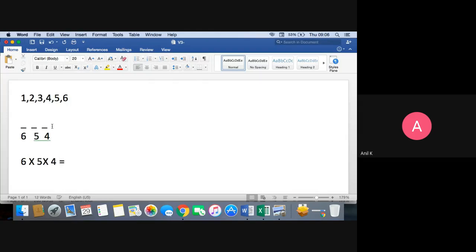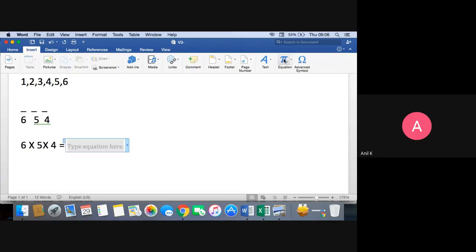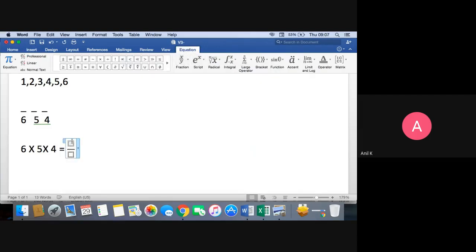This I can rewrite as, let me insert the equation. So we can rewrite this as 6 multiplied by 5 multiplied by 4 multiplied by 3 multiplied by 2 multiplied by 1. What extra is here?